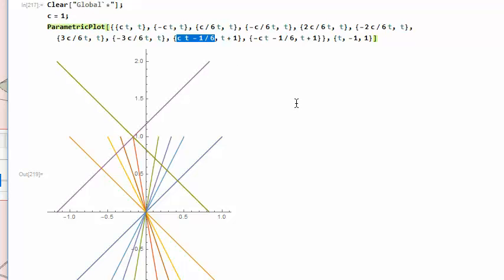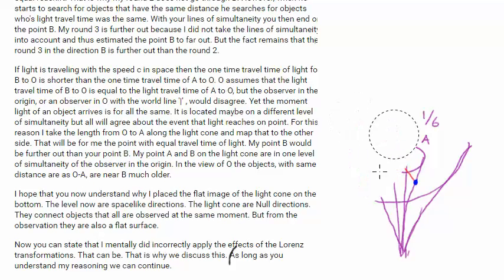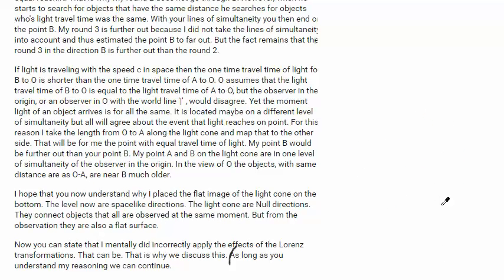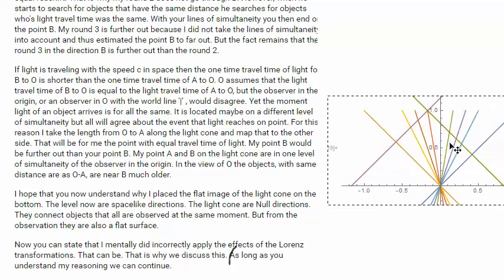Putting the light cone with the x value at ct minus 1/6 and the t value at t plus 1, and then the x value at negative ct minus 1/6 and the t value at t plus 1. So that created a light cone right there. So I can erase this mess, paste in this mess, and what do we have?